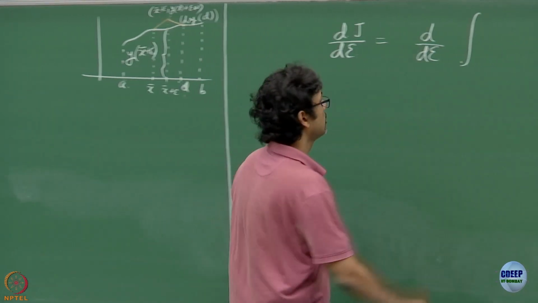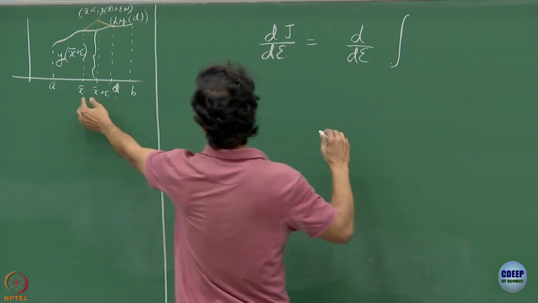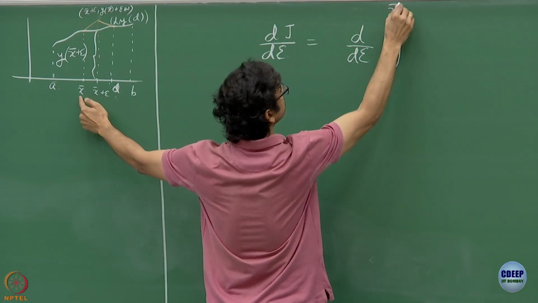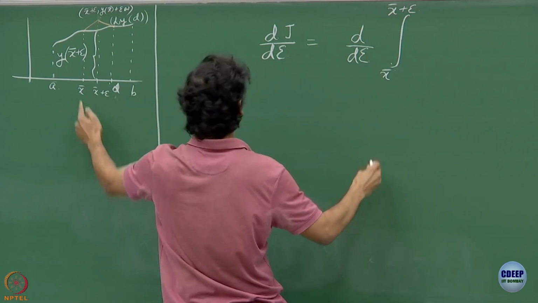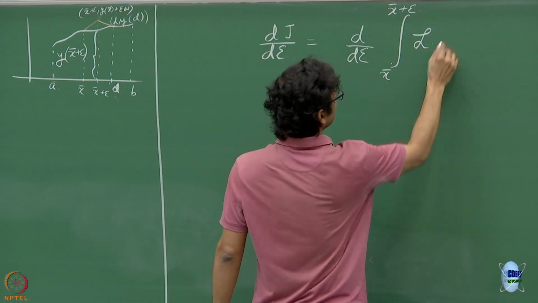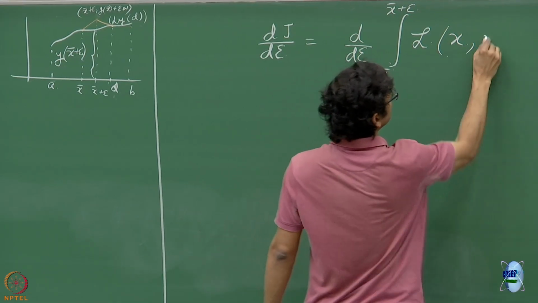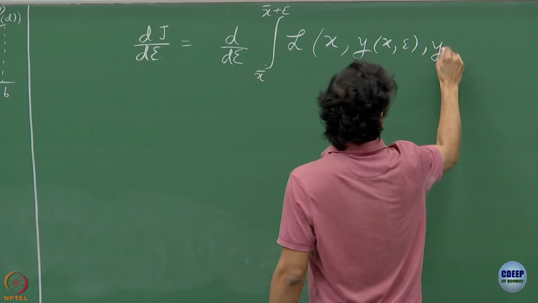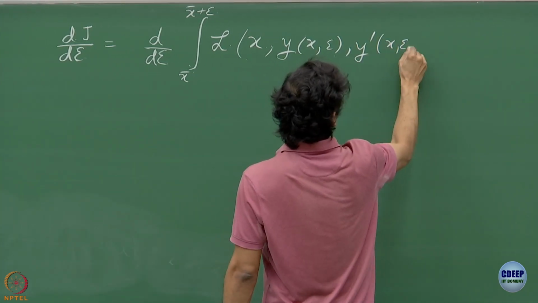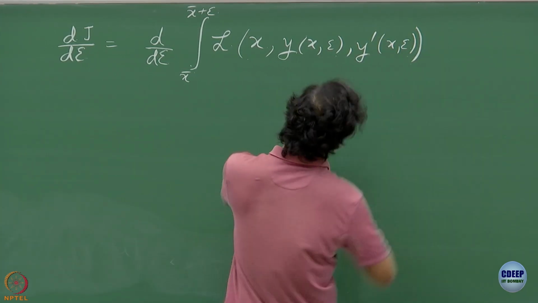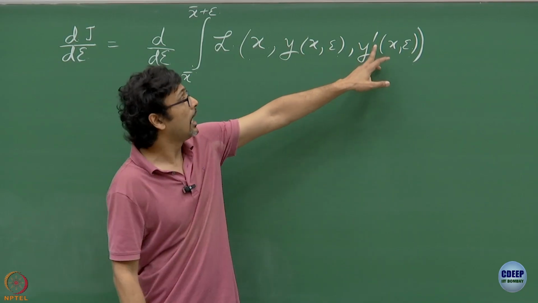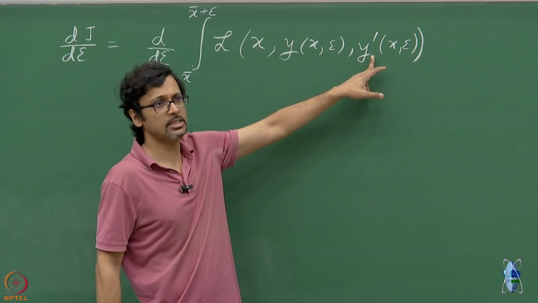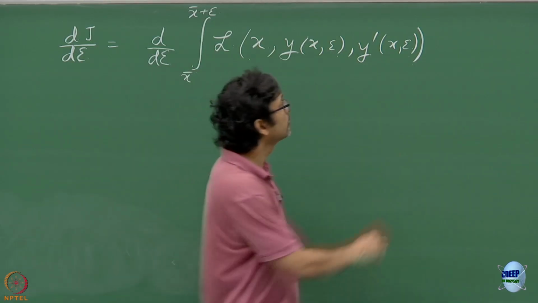Okay, so we are going to split it up into, as before, x bar to x bar plus epsilon, and then the Lagrangian x, y(x, epsilon), and y prime(x, epsilon). Now on occasions, as I said yesterday also, I will be replacing this y prime with y subscript x. You should read the two as same, at least in this context.